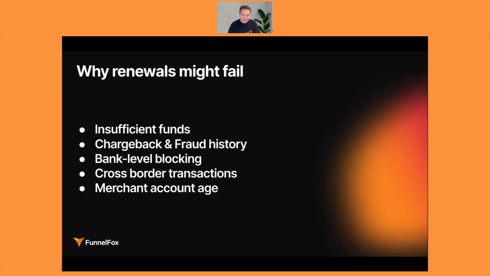And they do have around an 85% acceptance rate for the first payments, or maybe the acceptance rate for renewals is even higher, just because US banks know these merchants and trust them enough to allow the transaction to happen.